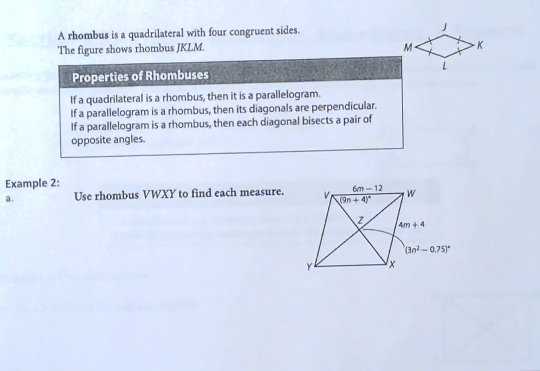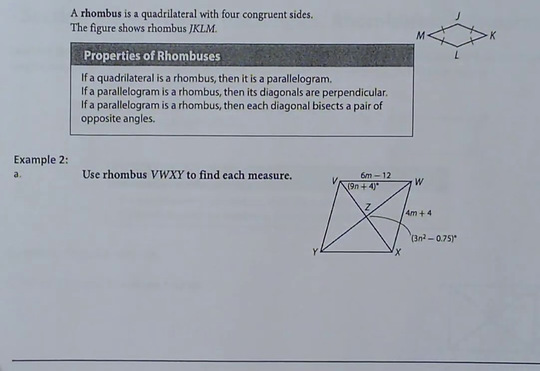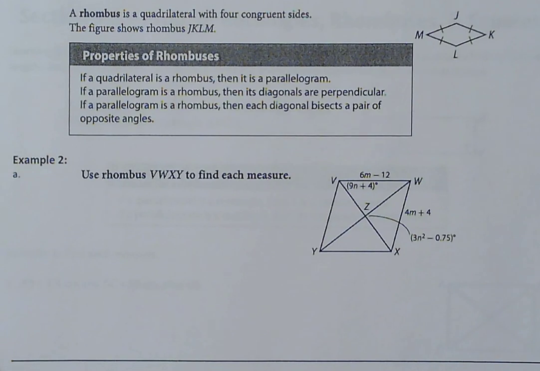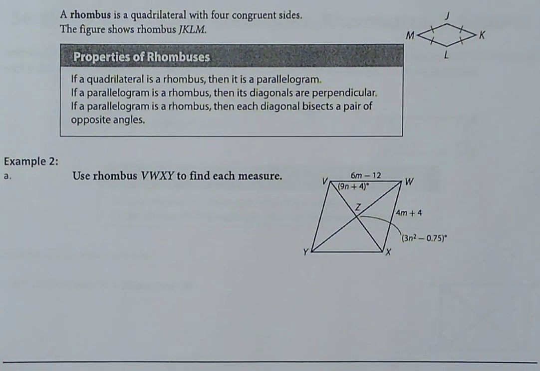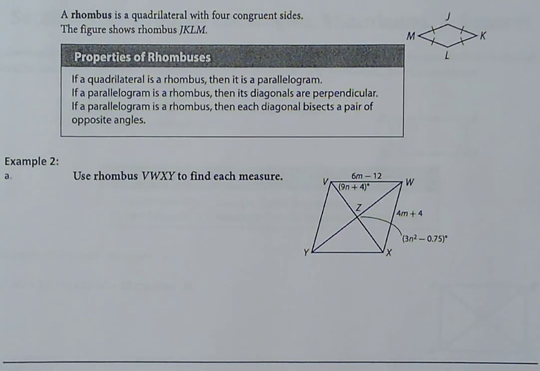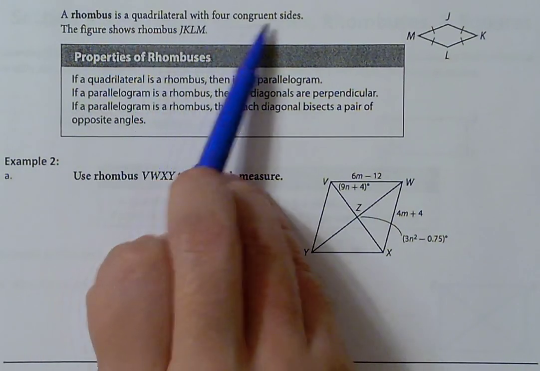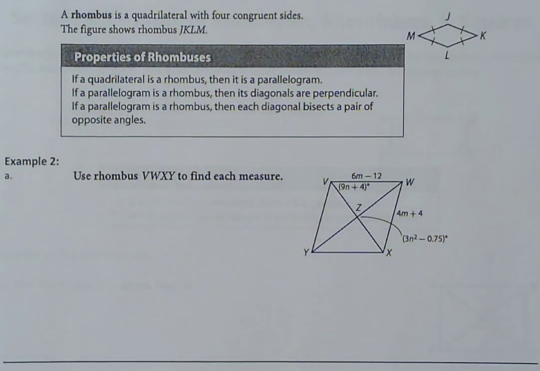a rhombus is going to be a quadrilateral that has 4 sides. And let me get this lined up here. There we go. A rhombus is a quadrilateral with 4 congruent sides. So if we just said a square has all 4 sides congruent, that could also imply a rhombus.